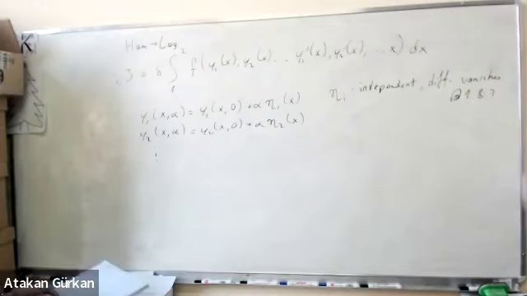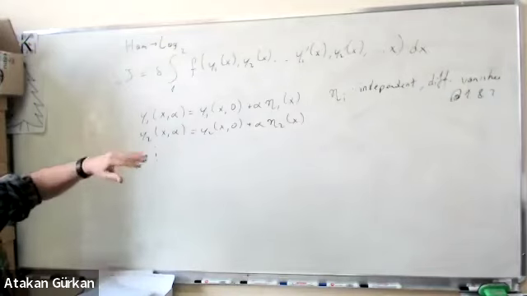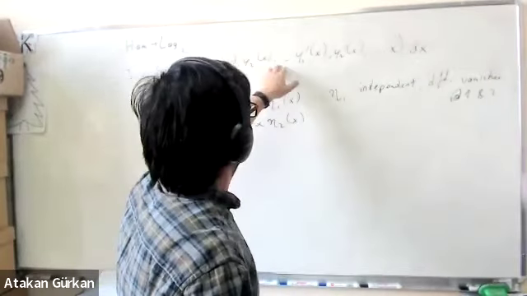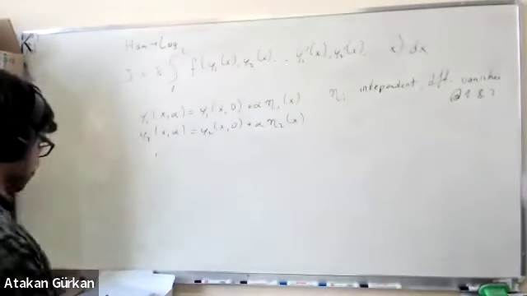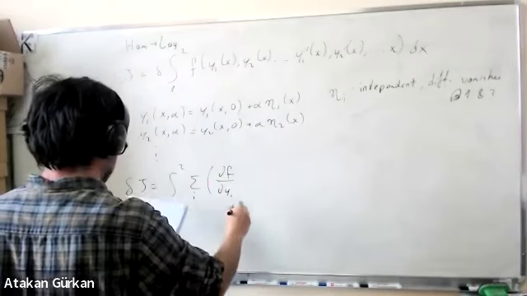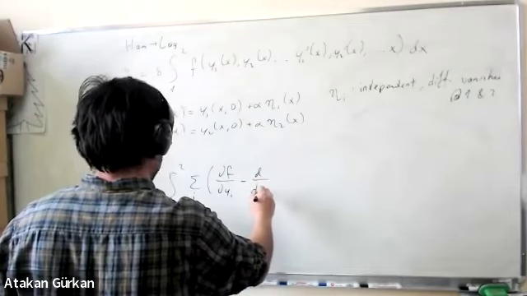Now you go through the same steps. You basically take the variation with respect to alpha, and then there's going to be the chain rule coming from y1, y2, and so on and so forth, and then y1 prime, y2 prime, and so on and so forth. And you can write this integral then as some sum over i, over all those values of y, and it's going to be del f by del yi minus d by dx of del f by del yi prime, times eta i, dx.